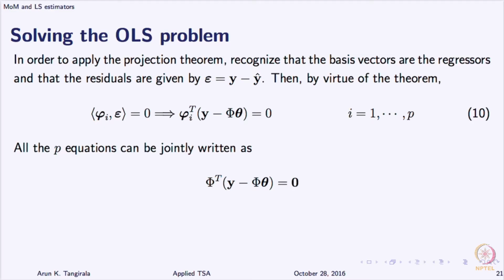So, that is your equation here on the top. You use a simple formula for the dot product: the dot product between two vectors x and y is x transpose y. There is nothing magical there, and you write this for every regressor. That means you have p such equations. So, look at the beauty.